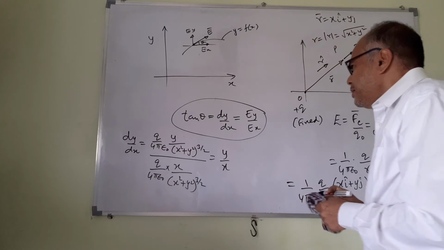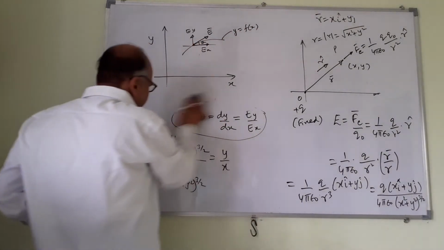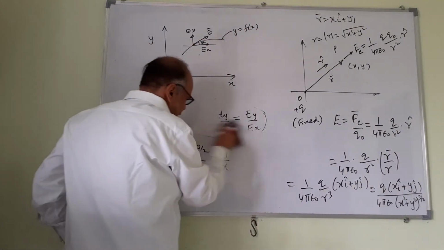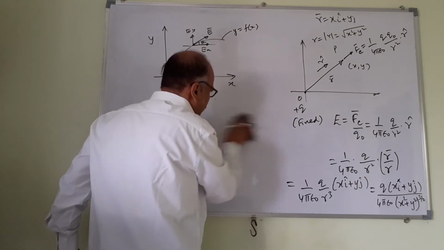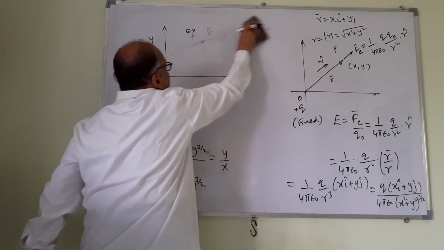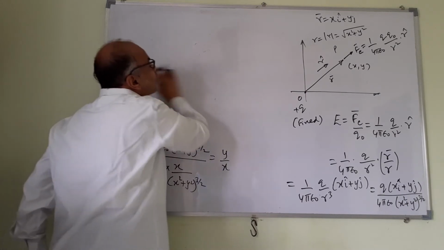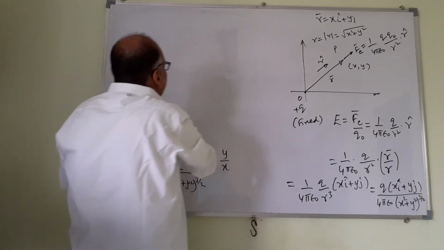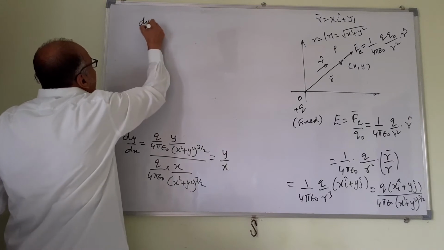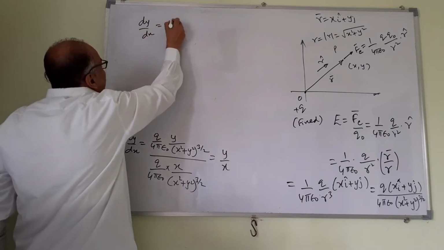So basically I get dy by dx is equal to y by x.